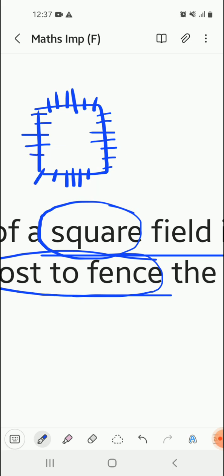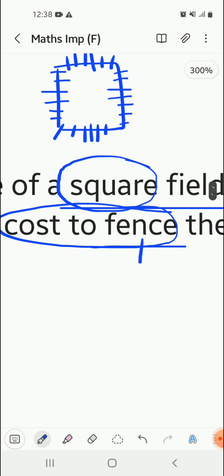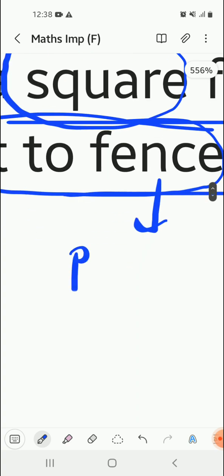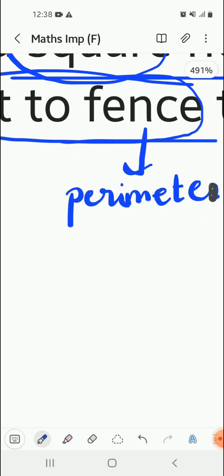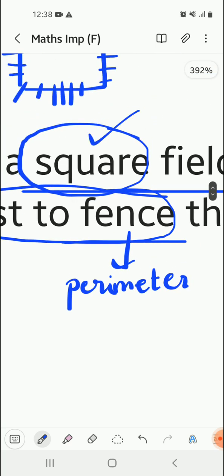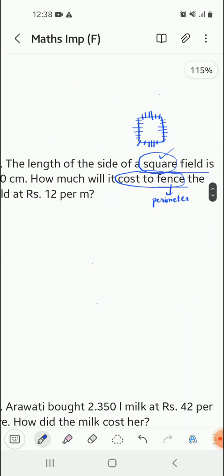So for finding the cost of fencing, we have to find the perimeter. With the word fence, understand that you have to find the perimeter, and the shape of the field is square, so we have to use the formula of perimeter of a square. Now let's move on to the sum.